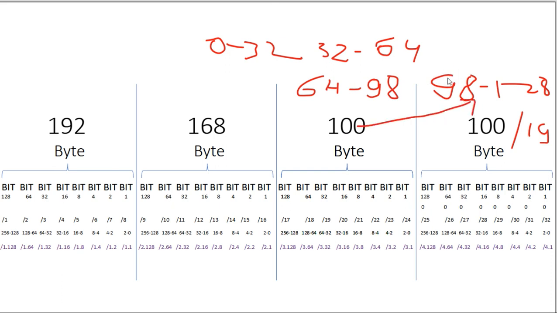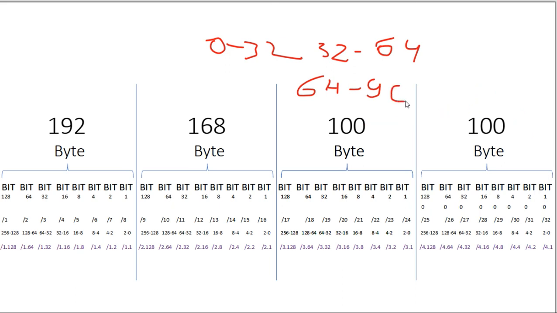So first is 192.168.96. Sorry, I said 98 by mistake, it's 96, and then the last range goes from 96 to 128.